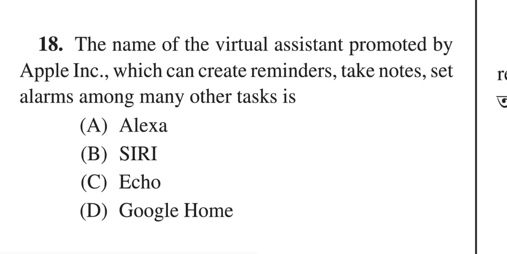Number 18, it says the name of the virtual assistant promoted by Apple Inc. which can create reminders, take notes, set alarms among many other tasks is what? Alexa, Siri, Echo, Google Home. So you should also remember that many questions will be asked related to science and technology.